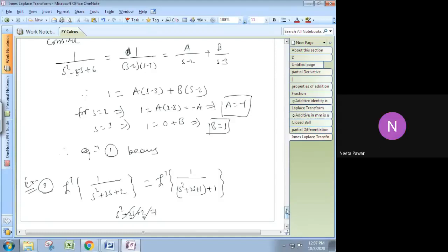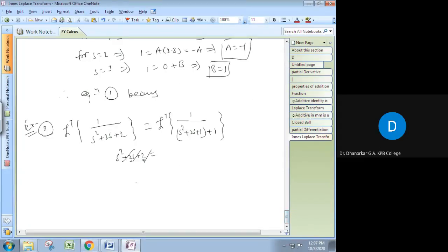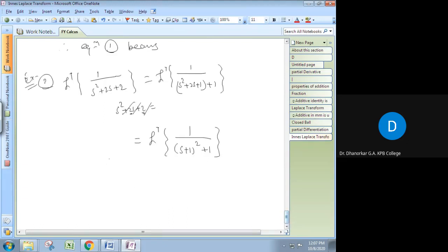This is equal to L inverse of 1 divided by s plus 1 whole square plus 1. अब आ गया हमारे फार्मूला में. अब इधर सिर्फ s स्क्वायर रहता तो हमारा आंसर आ जाता साइन में, लेकिन इधर s के बजाय s plus 1, increment in s is there.